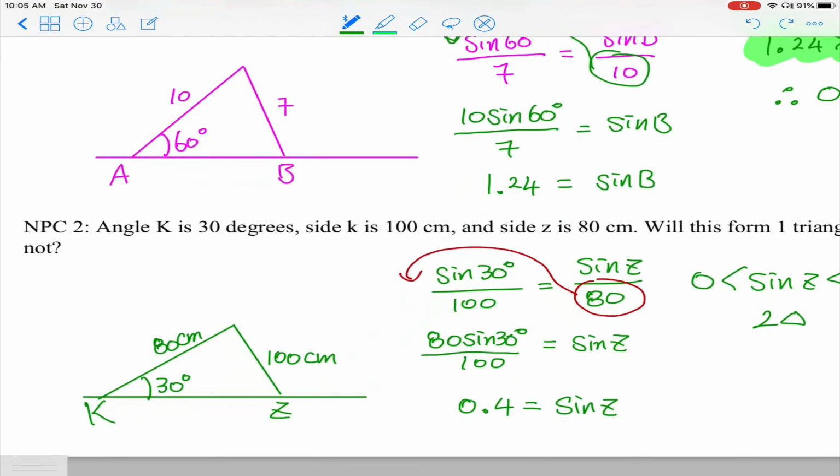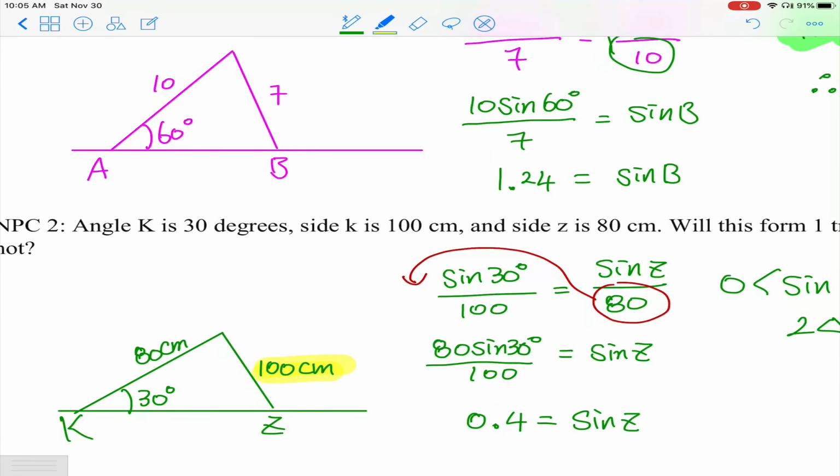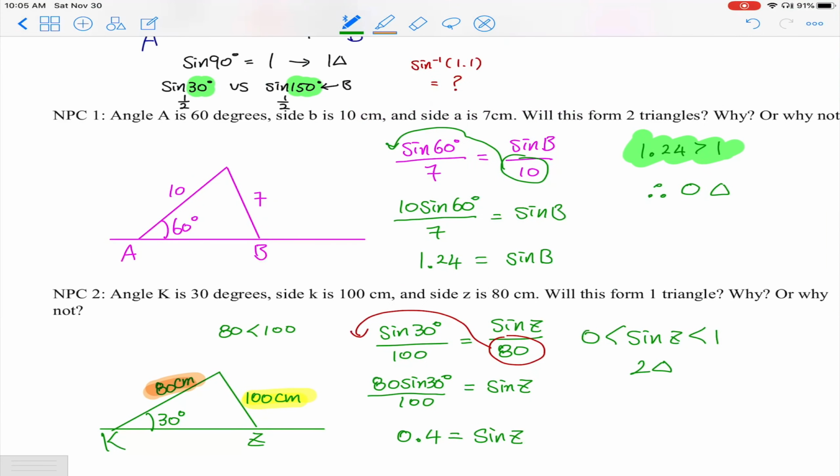Therefore, hope you can see it, our opposite side is greater than our other side. So it is 100 greater than 80. Therefore, do we really need this type of calculation? No. Be really careful with this. Since the opposite side is greater than the other side, it will only form one triangle.